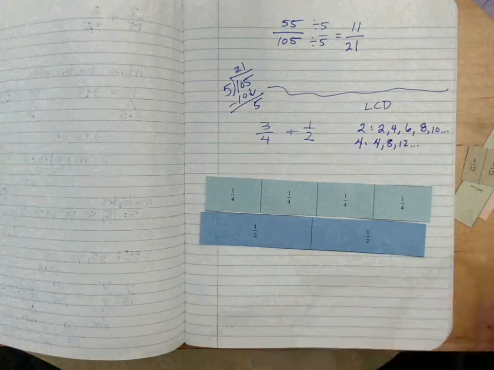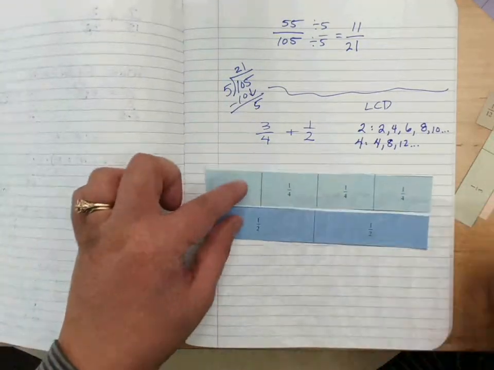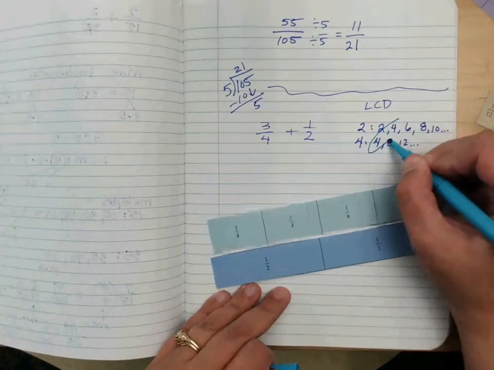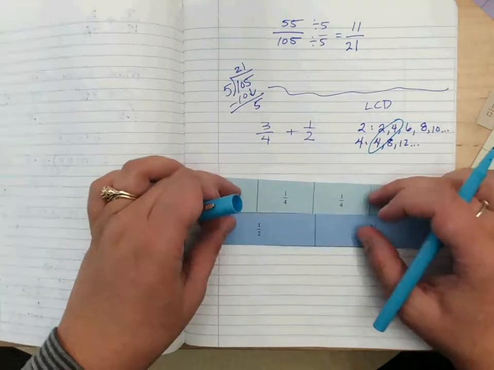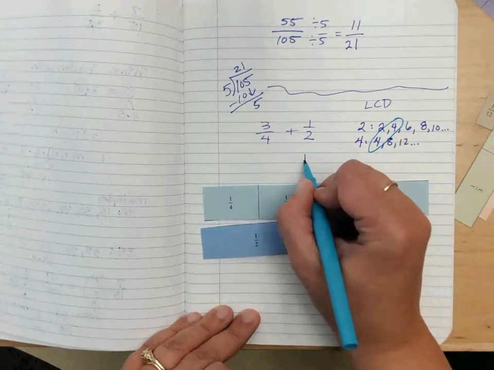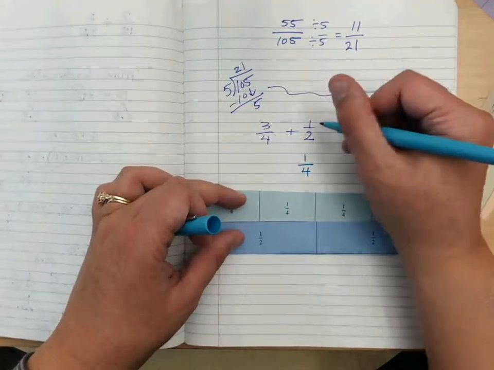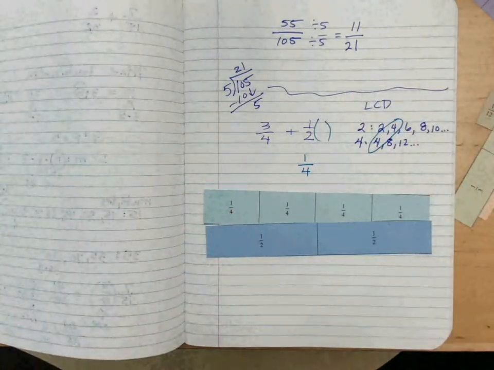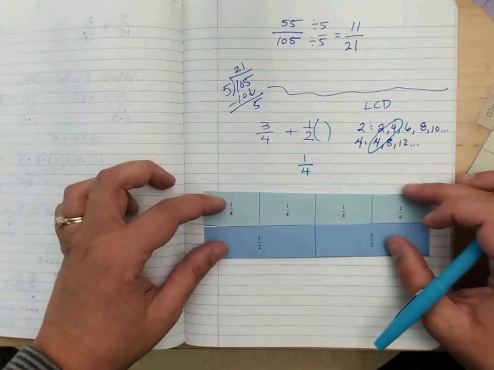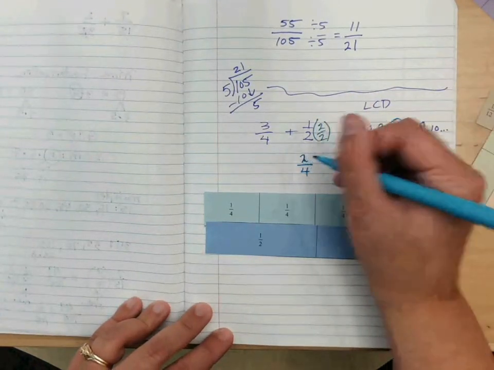Which numbers and their multiples do they both have in common? 4. And you can actually see, look, I can make a half into fourths, can't I? How many fourths? I need to make this have a denominator of 4. How many fourths is 1/2? Right, 2/4.